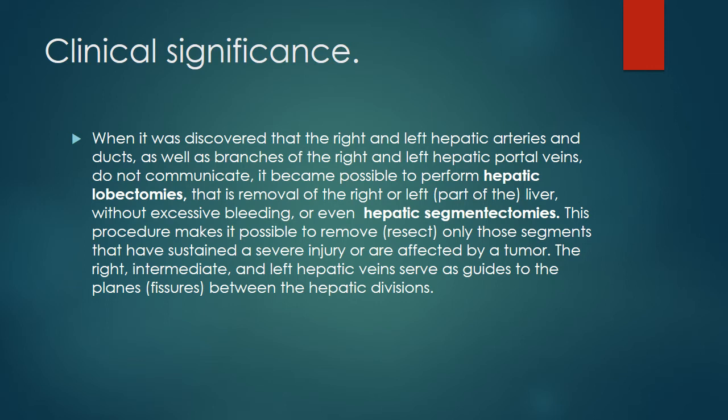That is removal of the right or left part of the liver without excessive bleeding, or even hepatic segmentectomies, that is removal or resection of only those segments that have sustained a severe injury or are affected by a tumor. In this, the right, intermediate, and left hepatic veins serve as guides for the surgeons to the planes, the fissures between the hepatic divisions.